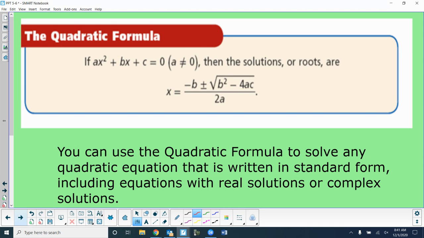And then whatever your c is, goes in for the c. And then we just simplify that, put it in simplest radical form. Okay? Just like we did on the quiz we had last Tuesday. We put stuff in simplest radical form. You guys did a good job on that quiz too.